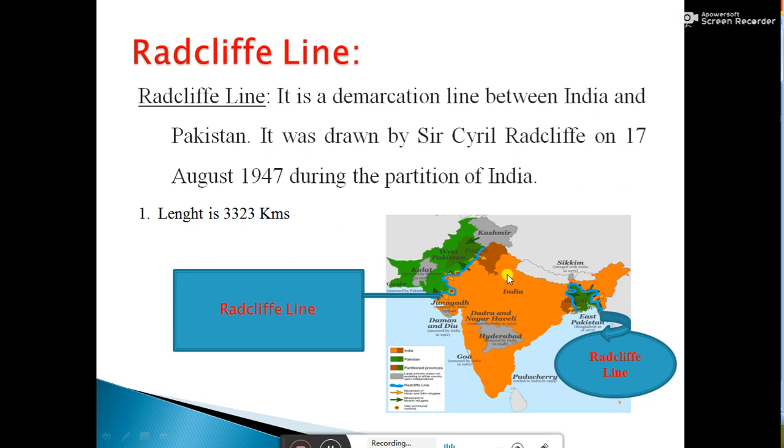The Radcliffe line separated India before the Independence Day of India. This is the Radcliffe line which separated West Pakistan and India. This is another Radcliffe line which separated India and East Pakistan.